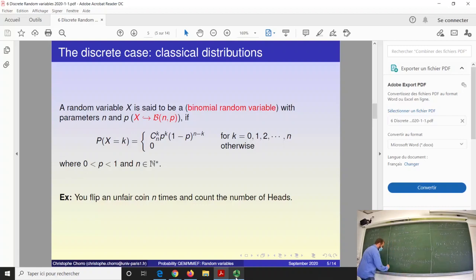And the last, what is the probability that I obtain 3 heads? I have only one drawing that allows to obtain this, that is head, head, head: probability P to the power 3.